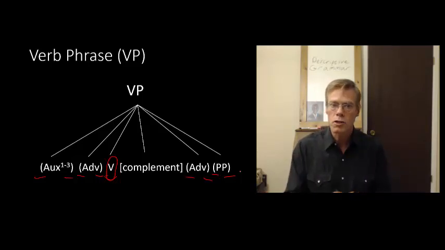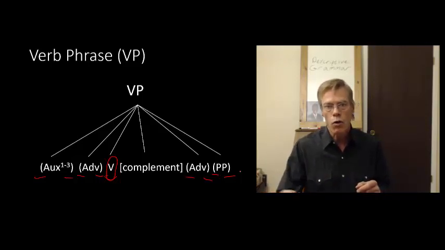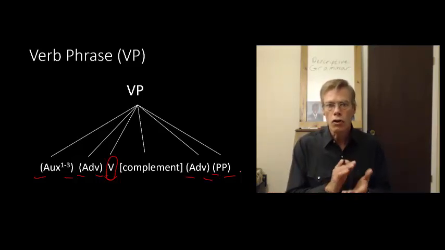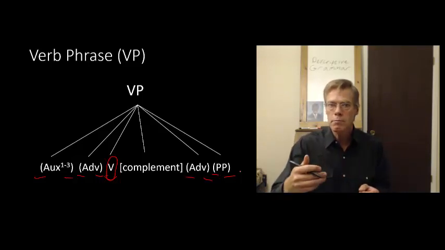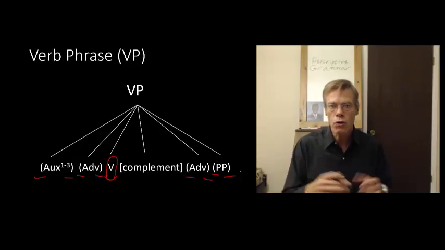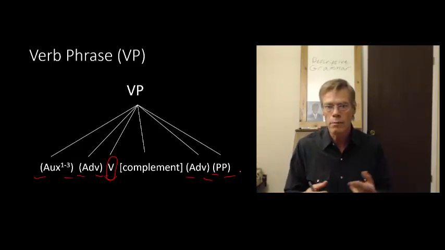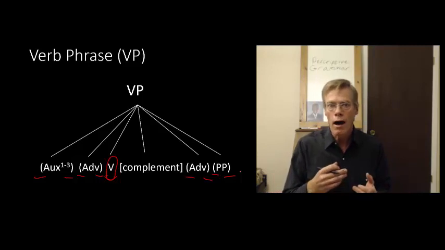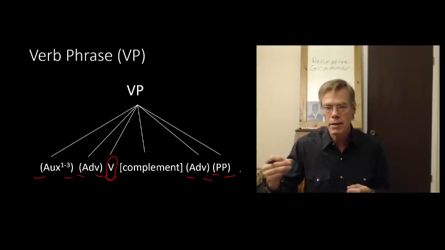So auxiliary verbs are verbs like the be verb, as in is sleeping, or the have verb, as in has slept. We can also get modal verbs like will sleep, must sleep, can sleep, and ultimately we can combine 3 of them up together like will have been sleeping.